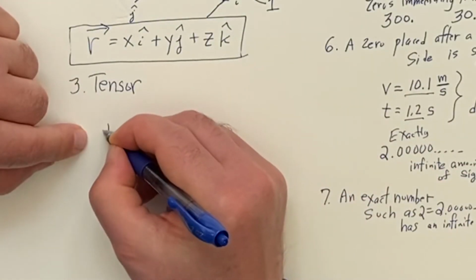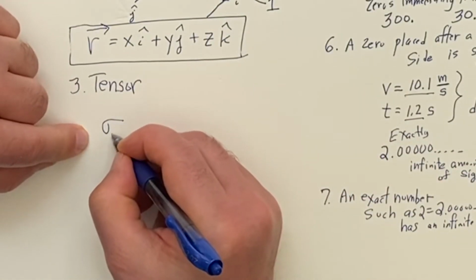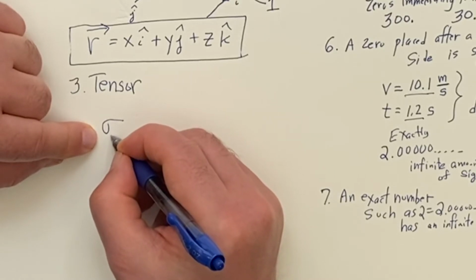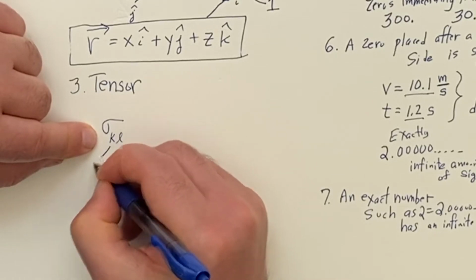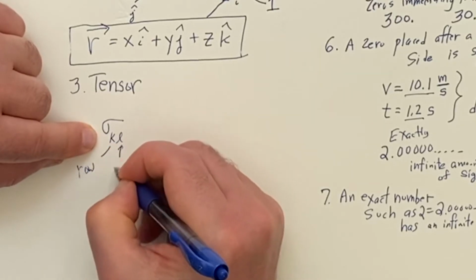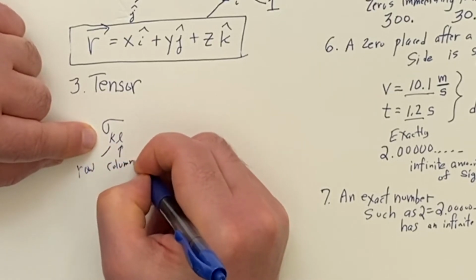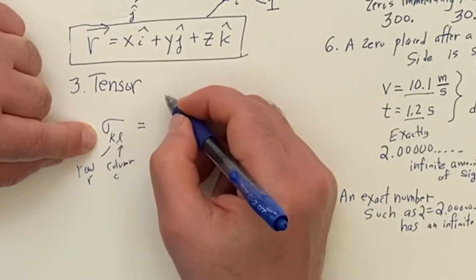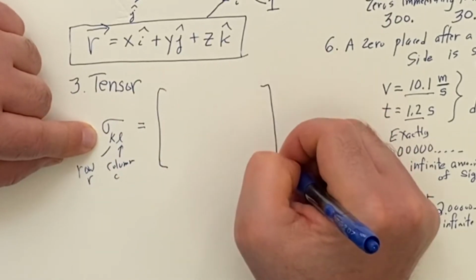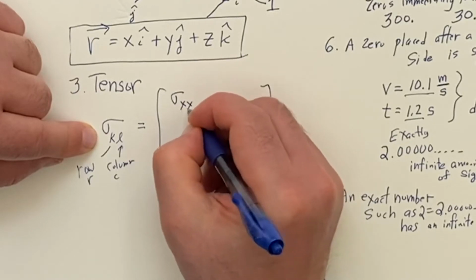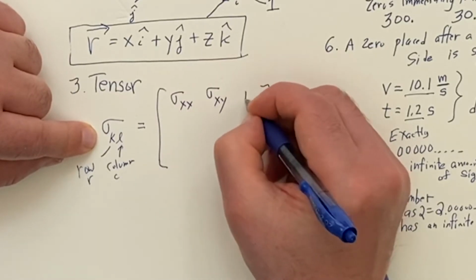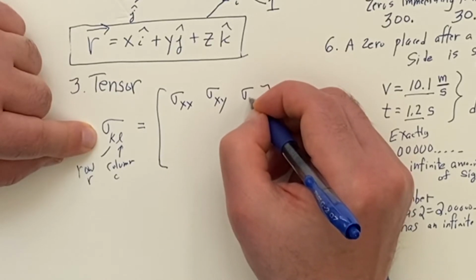So in other words, we're going to use the symbol sigma. And here, you can think of this as, I'll put down a K and an L. This is like the row, and this is the column, right? In fact, you could use R and C if you want. And then what we're going to do is say that XX, like this, XY, and XZ.